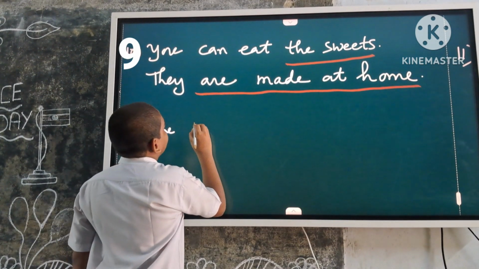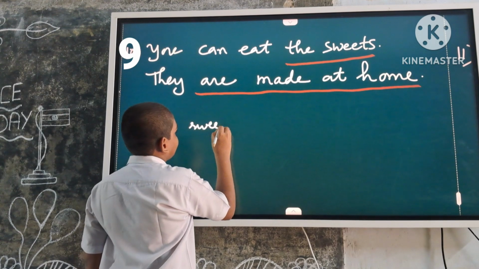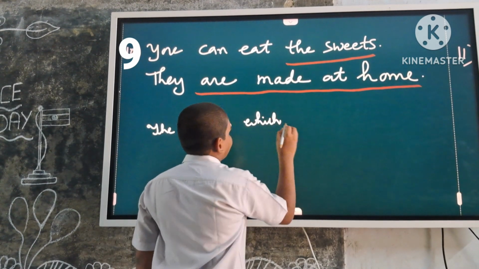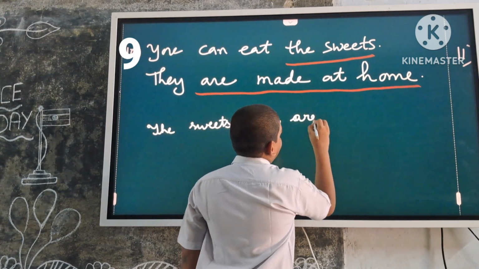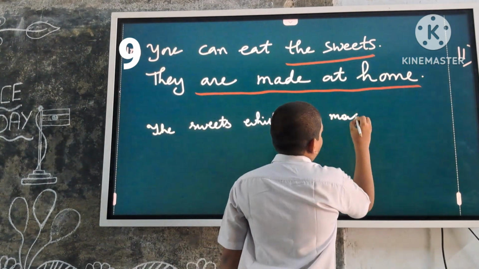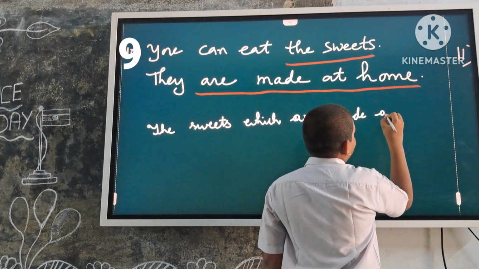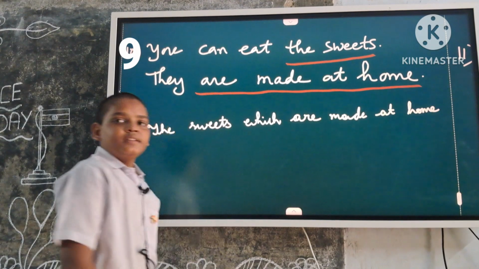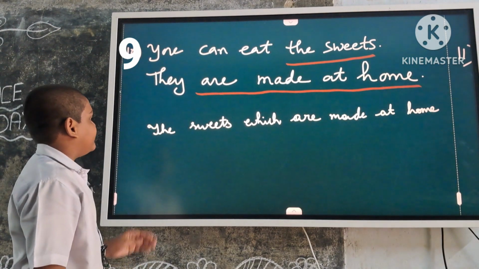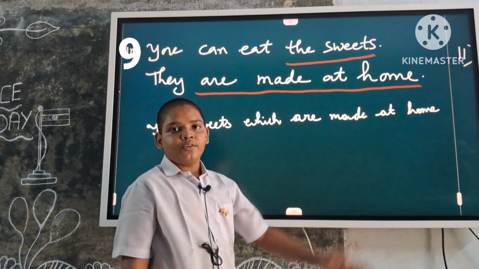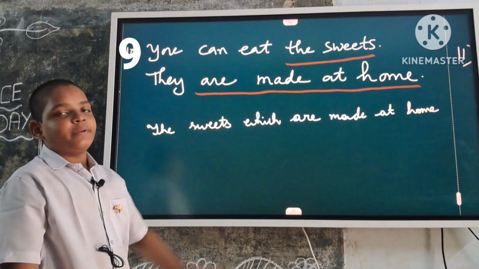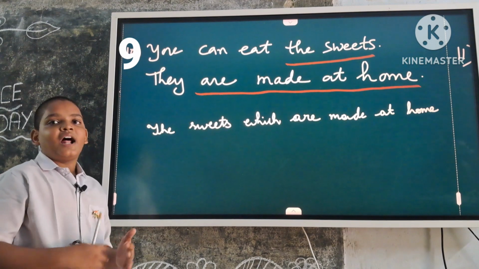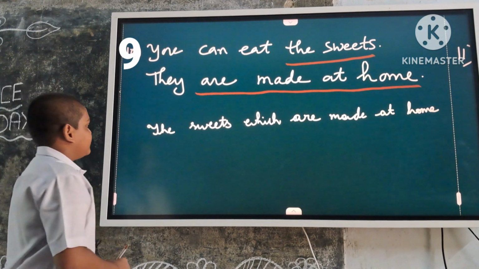The sweets which are made at home. Here the newly formed noun phrase is the sweets which are made at home. Which are made at home is post modifier relative clause. We can do another alternative noun phrase with this.